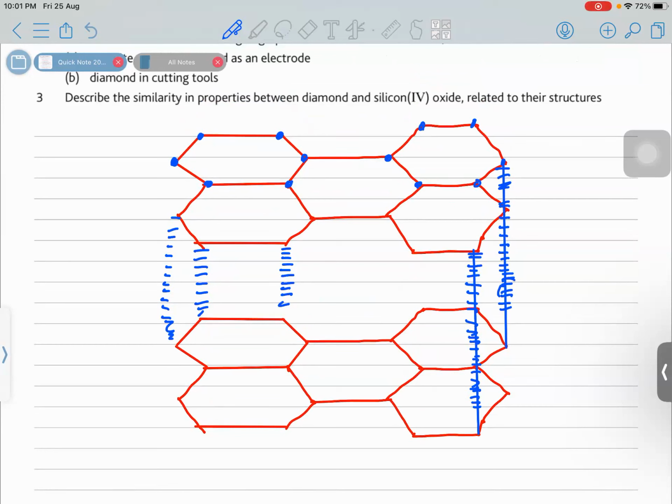So this is graphite, and in graphite we have hexagonal structure. Each dot indicates carbon. So it is the giant structure because throughout the structure we have covalent bonding.